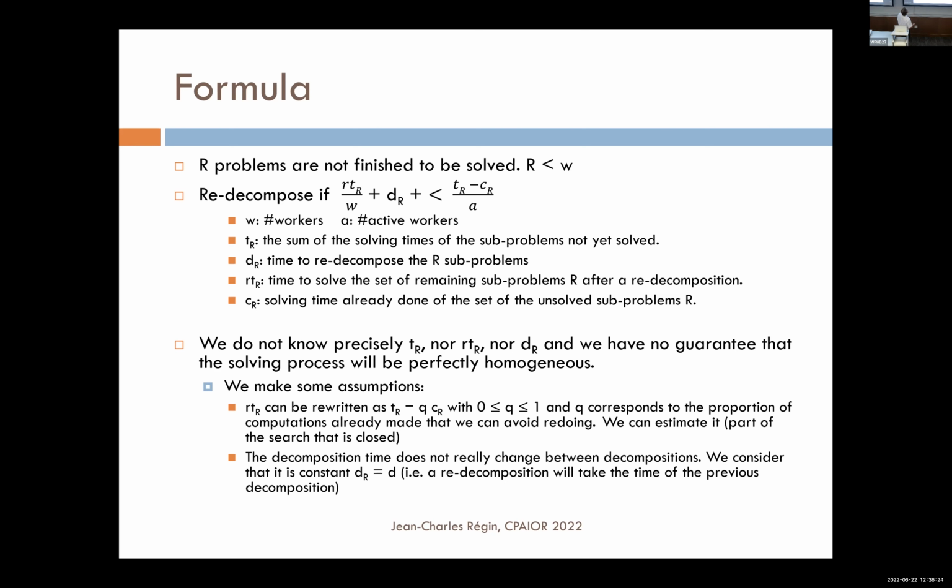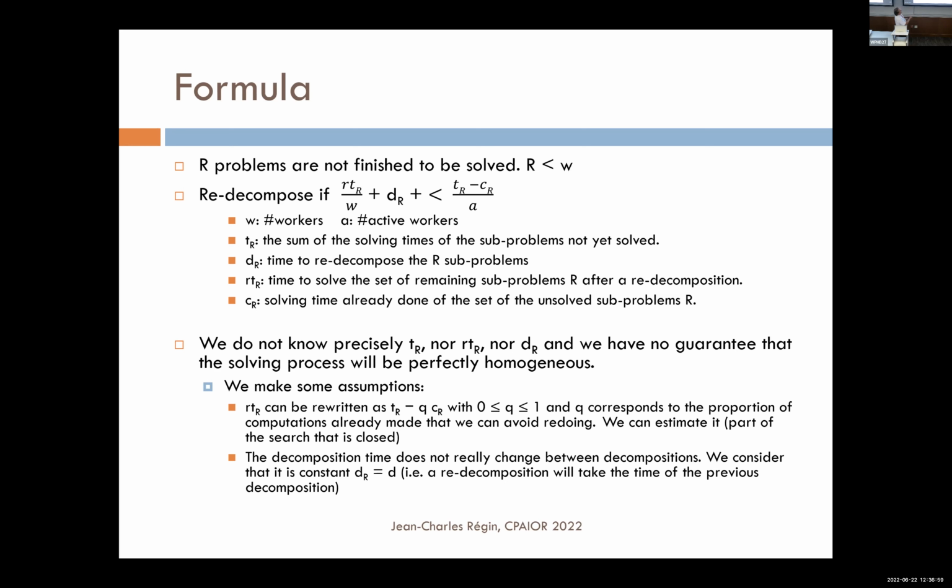In order to eliminate a variable, the first thing is that we are going to link this thing, which is the remaining time after decomposition, with these two things here, saying that I need the total time minus a certain quantity of what I have already done, and the Q here can be estimated. That is, I can estimate the part that I've already done in the search for solving the problem, and that I can avoid by doing something like a kind of no-good recording.